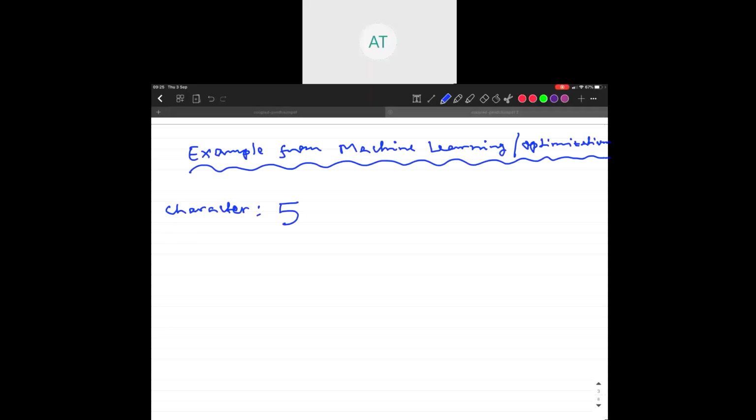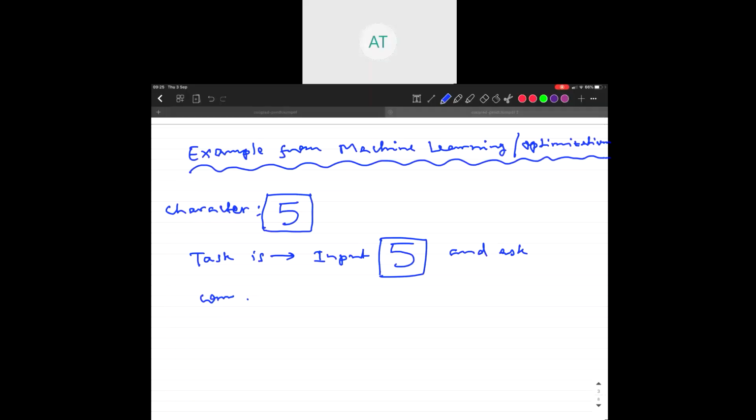In general, now the task is to input this as an image, and ask the computer which number it is.